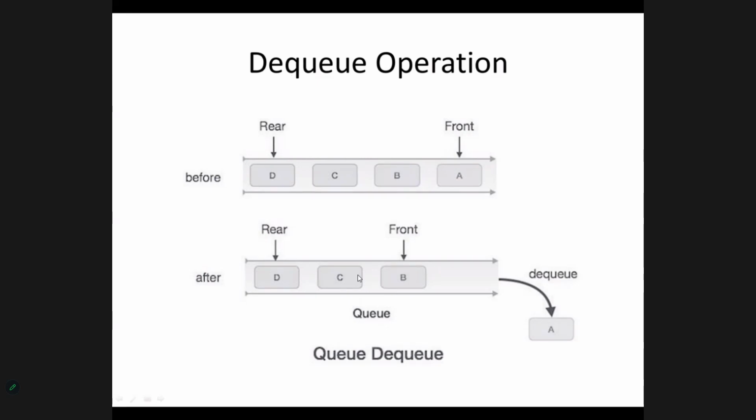After the DQ operation, B, C, D are there, A is removed, and front points to the new front. What is the new front? That is B. Now front will reflect the new front. So that is DQ. This process is called DQ, delete.